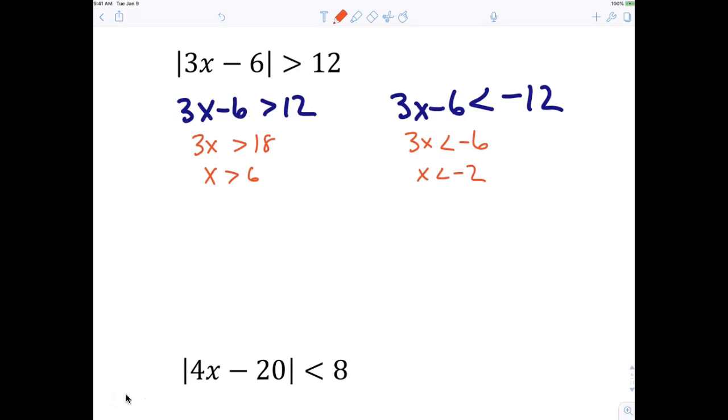Now remember, what I'm trying to get you to do is see the numbers better. If I'm greater than 6 and less than negative 2, are they going in opposite directions or the same direction? Opposite directions. So now we're talking about from negative infinity to negative 2, union 6 to infinity.